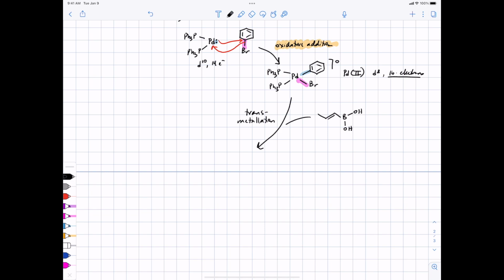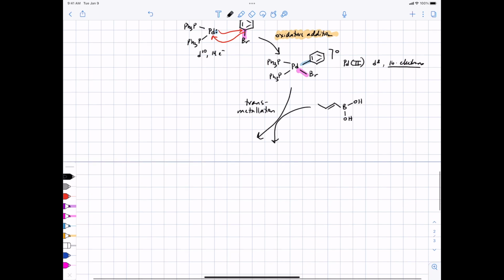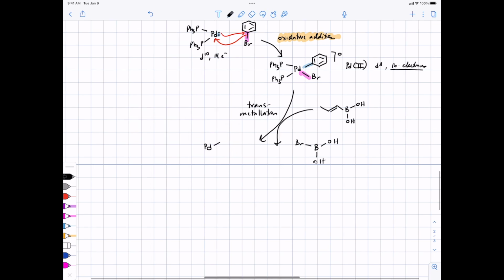In other words, after this step, boron is going to be attached to the bromine, whereas palladium is now going to have the vinyl group.